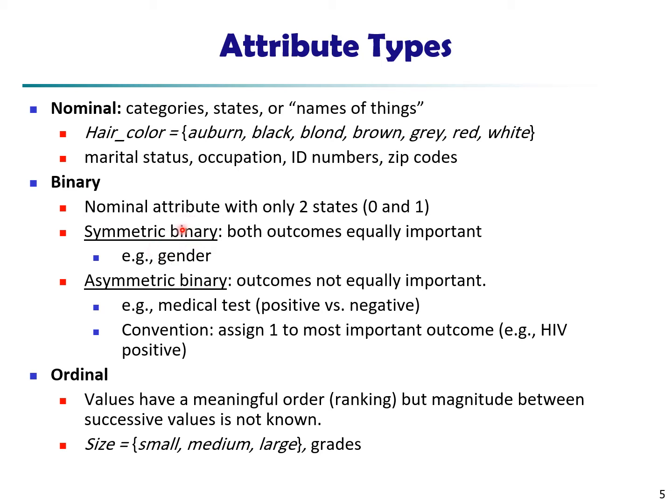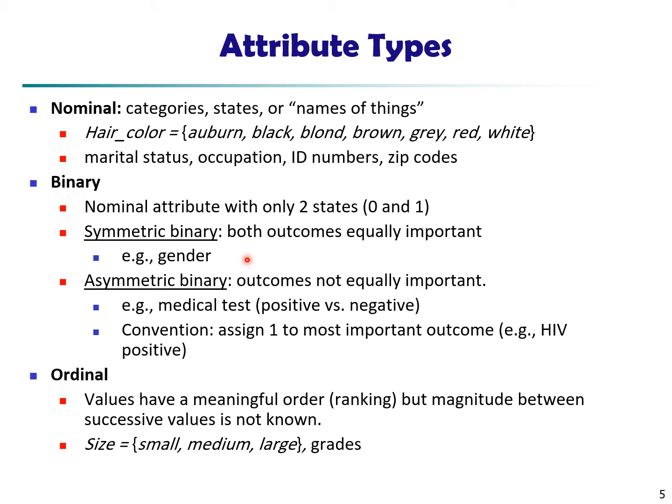So it can be male or female, positive or negative, yes or no. We have only two possible values for the attribute, two states. And within the binary attribute type, we have two subtypes: symmetric binary and asymmetric binary.